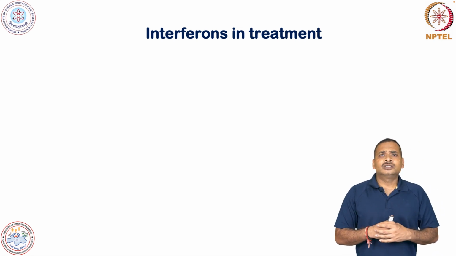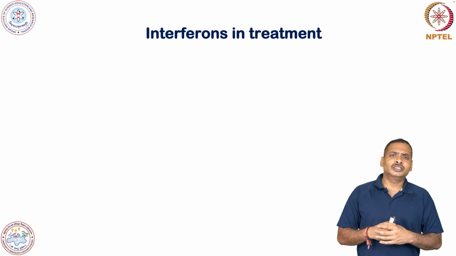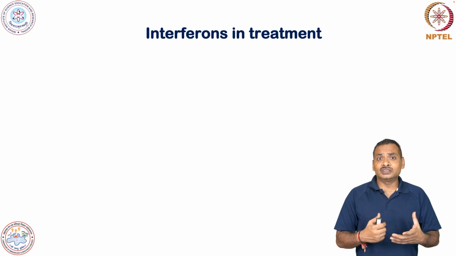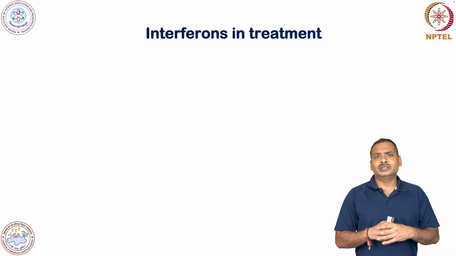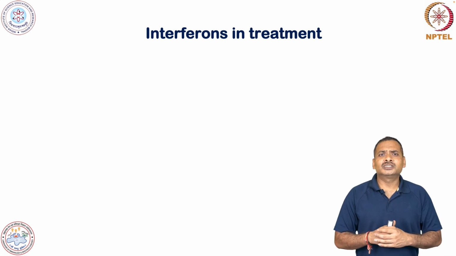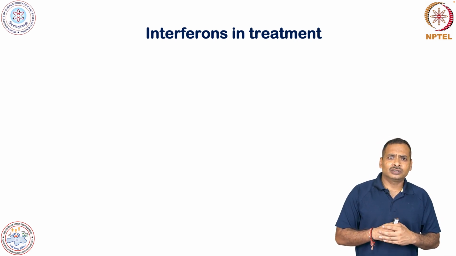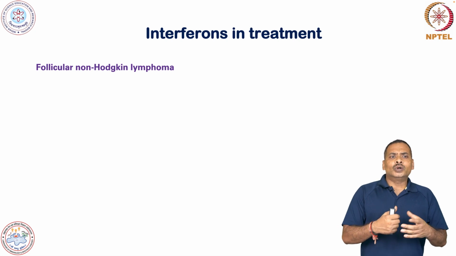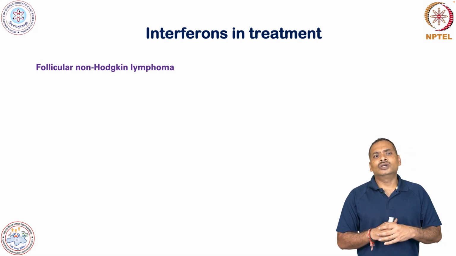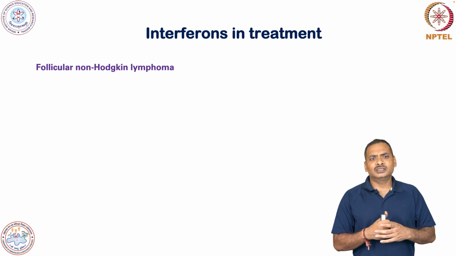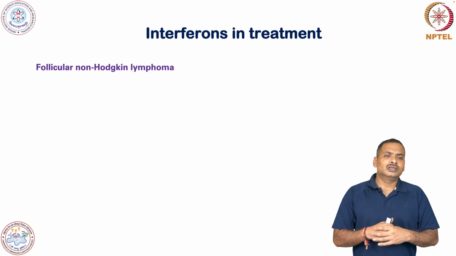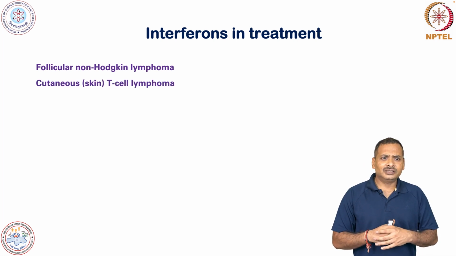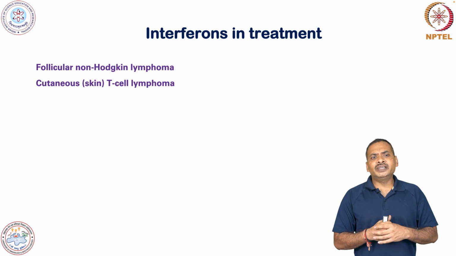Now I will talk about interferon gamma. There are several diseases which are treated by interferon gamma. One is follicular non-Hodgkin lymphoma. This is again a cancer. There is also cutaneous or skin T cell lymphoma.